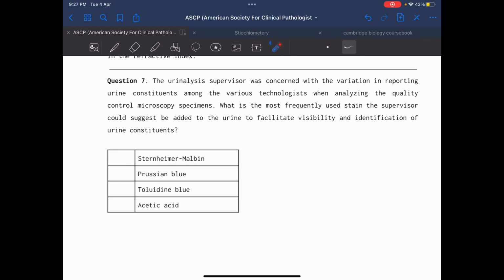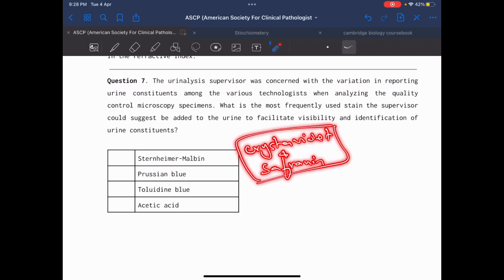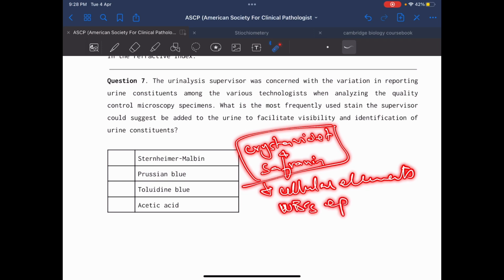As we know, Sternheimer-Malbin is composed of crystal violet and safranin, which is absorbed by cellular elements and frequently used to differentiate between white blood cells, epithelial cells, and casts.